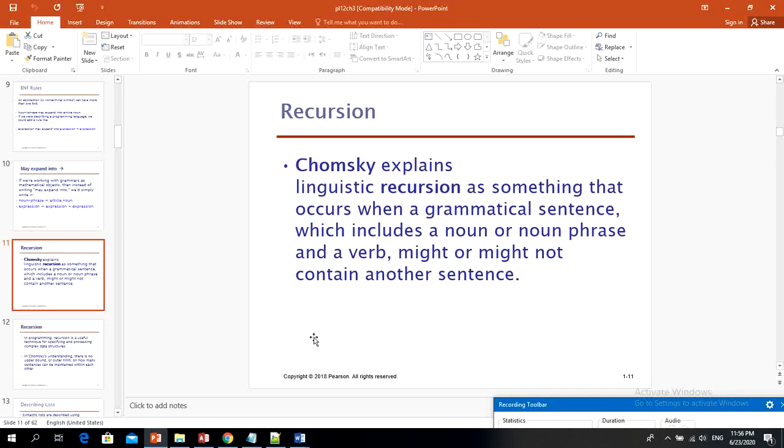But if it contains another sentence, this sentence itself could expand into another sentence, and so forth. So a small noun could make a phrase, a big phrase, and each noun in this phrase could be expanded into other phrases, making such a phrase more expanded.